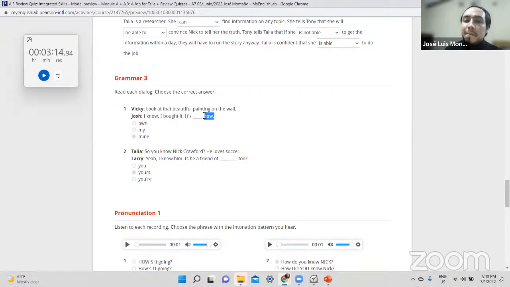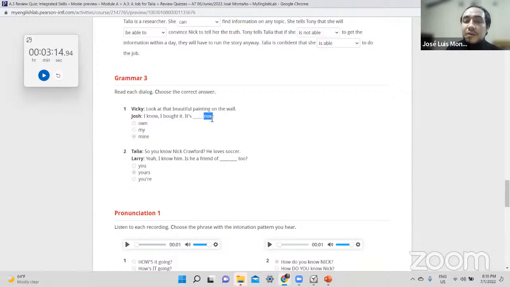It is painting now. It means that the best option here is going to be my, right? Why? Because you have a noun, you have an object after the possessive, right? But in this case, you don't have anything. You only have it is, you have blank, and then you have this word, but this is not a noun, right? This is a time expression.